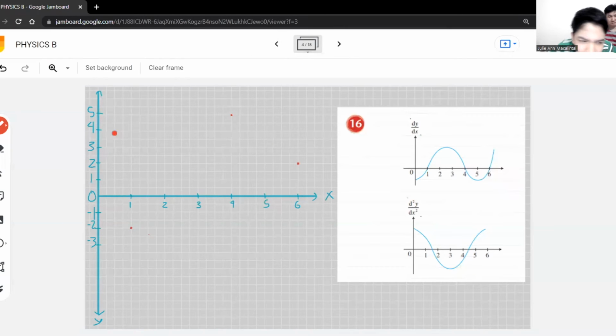Points plotted. Now this is the harder part.